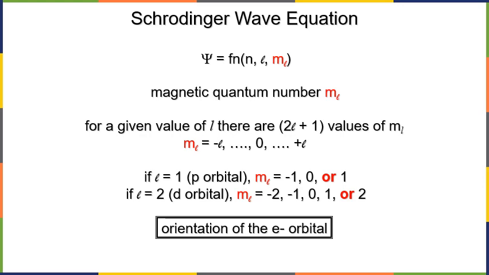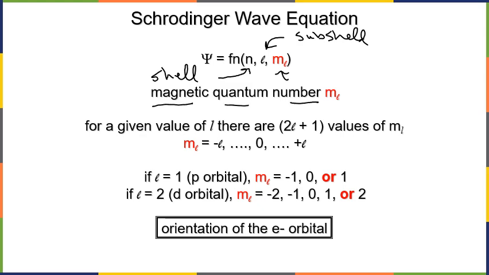All right, so right now we have 2 quantum numbers. We have the n value, which is our principal quantum number, which we can also describe as the shell. We have our L, which is our orbital angular momentum quantum number, which is our subshell. And then inside of our subshell, we have this magnetic quantum number, m sub L, and m sub L tells us the orientation of the orbital that this electron can exist in.